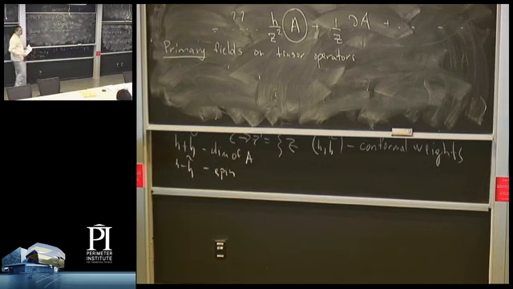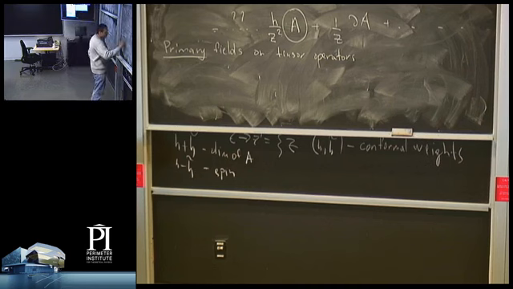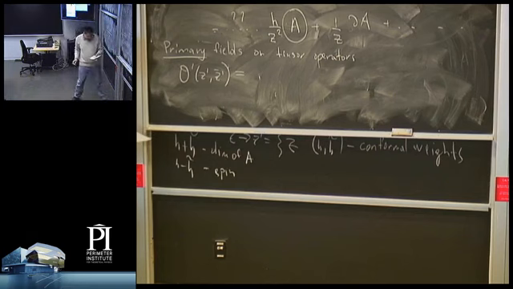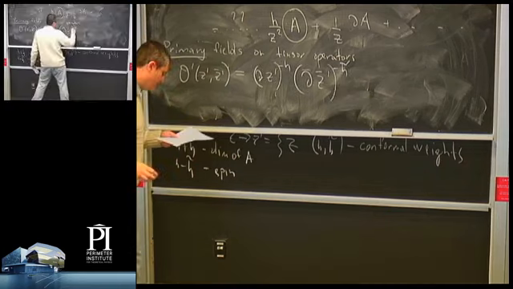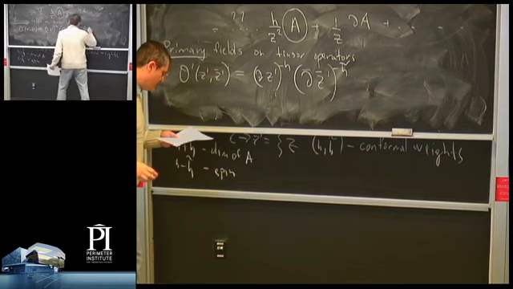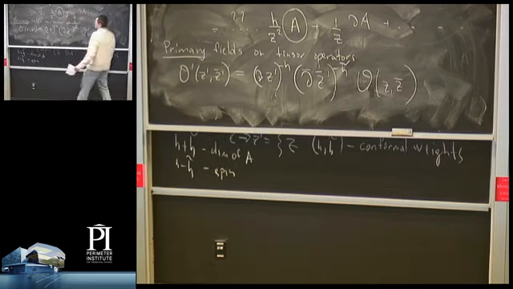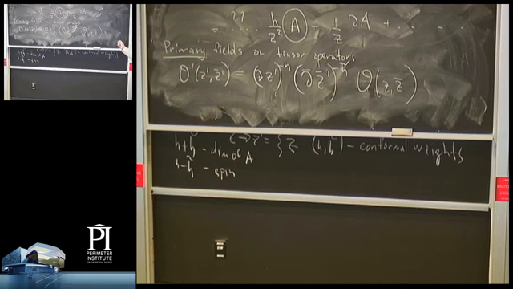I will call operator curly O my tensor field or primary operator if it transforms in the following way: I have (dz'/dz) to the power minus h, and then (d z bar'/d z bar) to the power minus h tilde, times my old operator O. This is a much narrower class of operators.